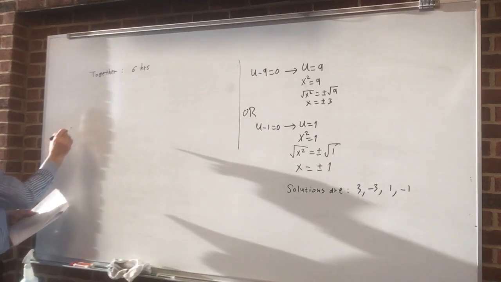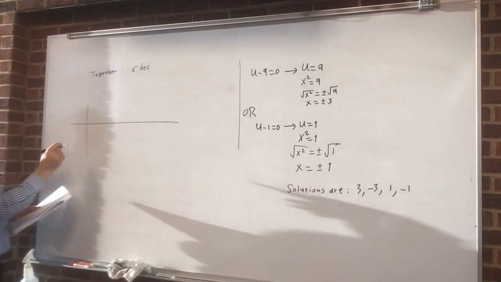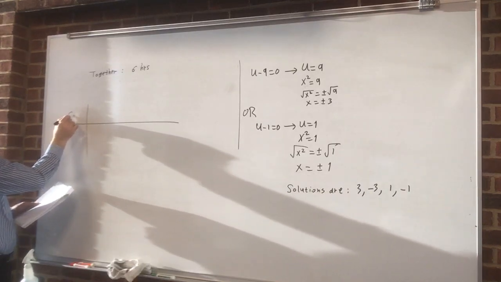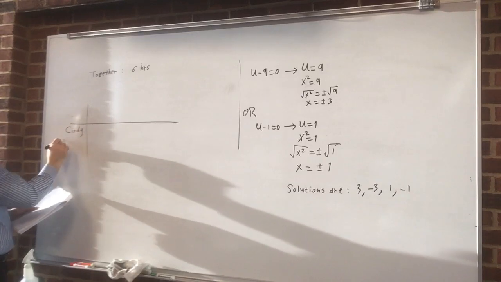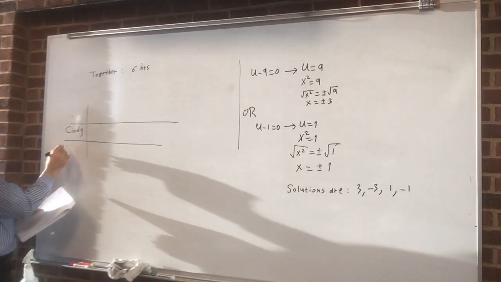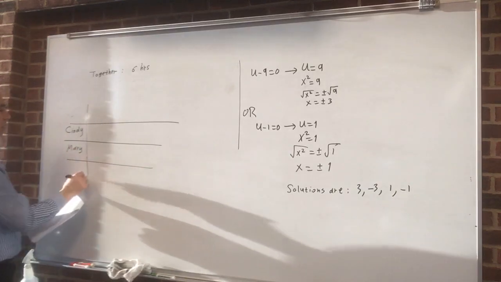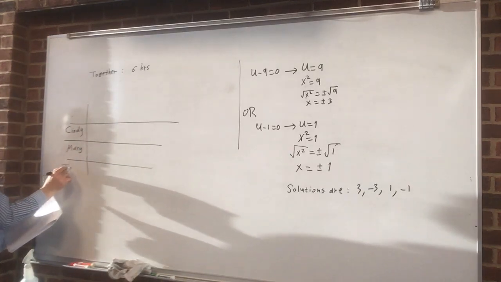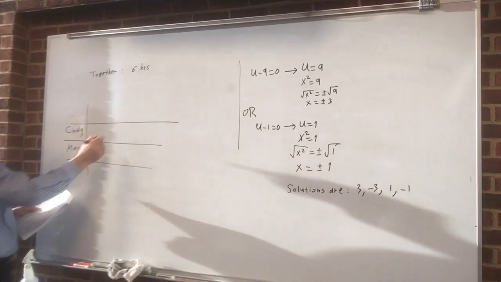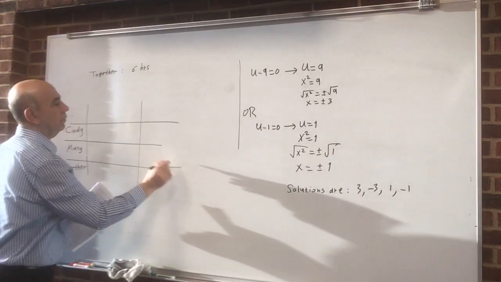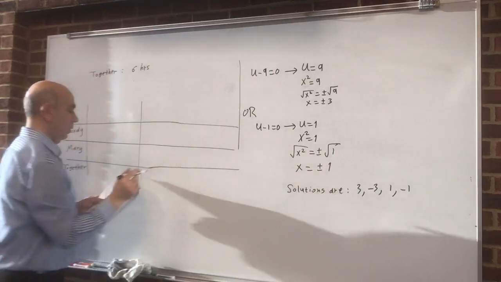So here we have this table. We have Cindy, then Mary, then if they work together. In general, for this type of problem, this is the same thing we do.